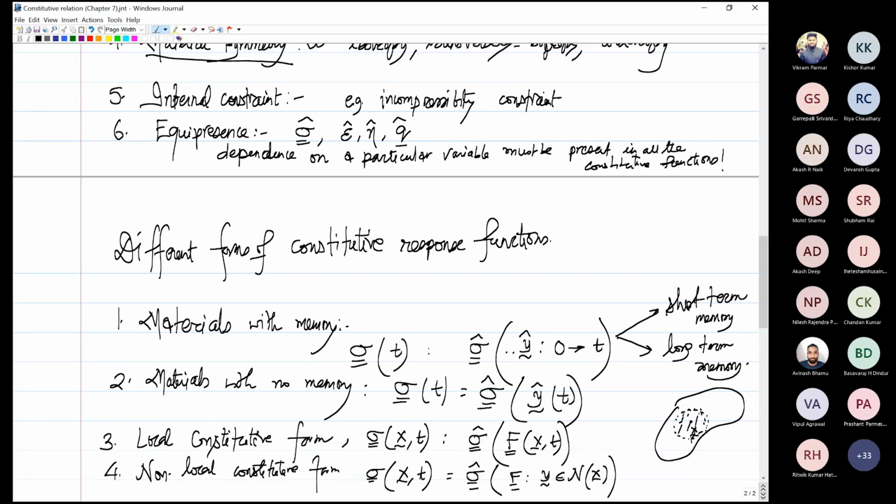So that's non-local constitutive form. But if the response depends only on the value at x itself, that means it's a local constitutive form. So that's local versus non-local, or memory versus no memory. I hope that this is clear to all of you.